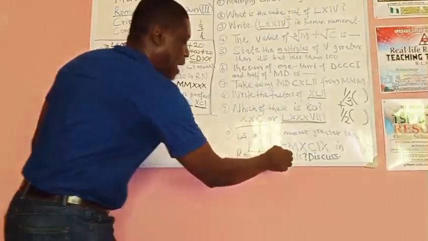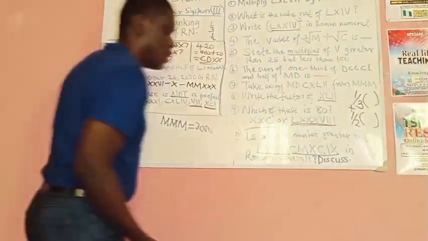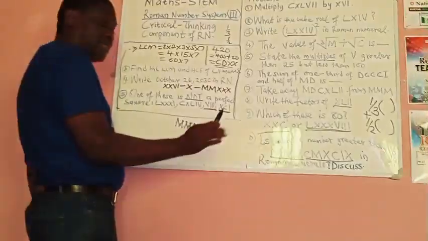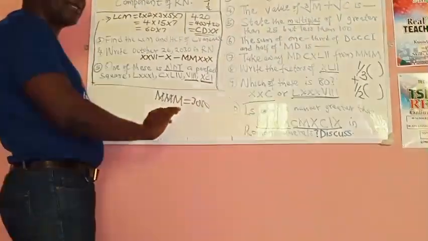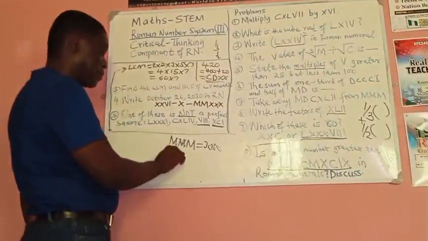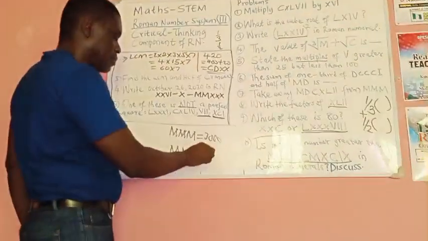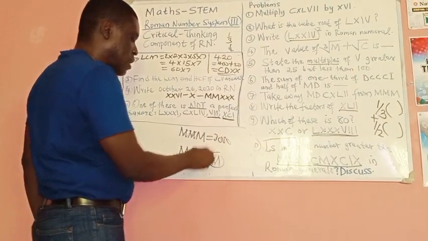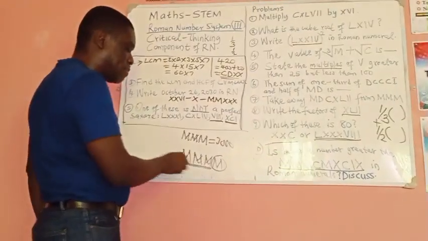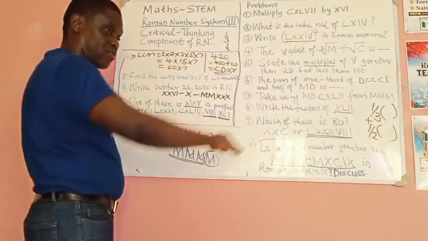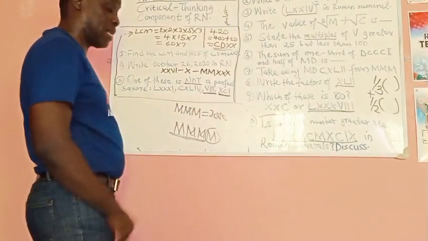Then we still have some other attachments here. The largest symbol in the Roman system is M. So if I have M in 4 places, it does not exist because a symbol must not be repeated more than 3 times at a stretch.